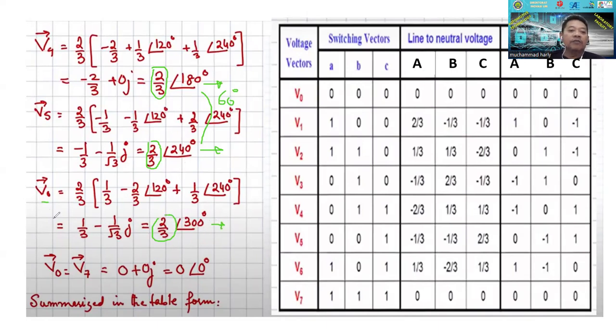Then from vector 6, it goes back to vector 1, like this. That is how to calculate the magnitude and the direction of the vector.